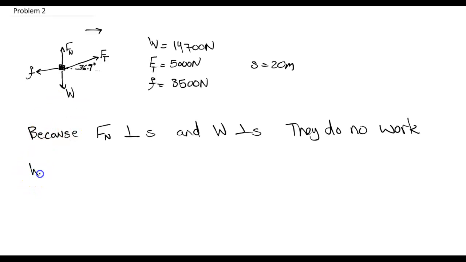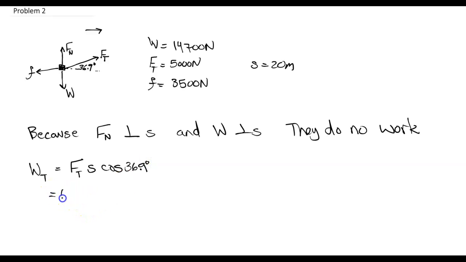So if we look at the work done by the tension, that's going to be the force for the tension times the displacement times the cosine of the angle between them. In this case, it's 36.9 degrees.